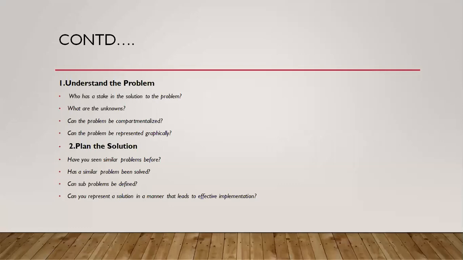So do we build such graphical representation modelings to solve a problem? That is the meaning of representation of solution for a given problem. This is about plan the solution.